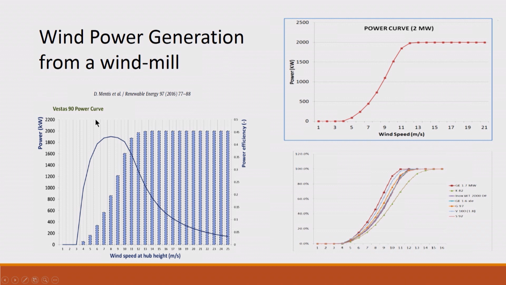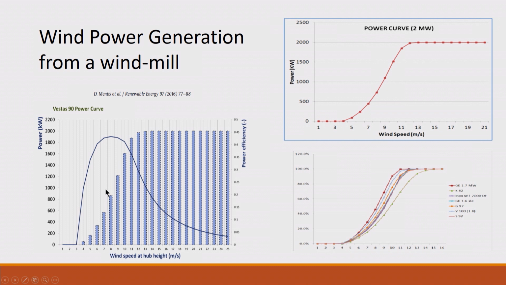And for this particular windmill, this is shown as the power produced, and this is the efficiency. Why does the efficiency fall? Because beyond a certain wind speed, it saturates. Now, you may increase the wind speed, but the efficiency will fall down.